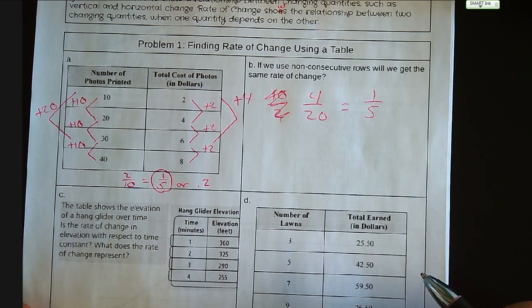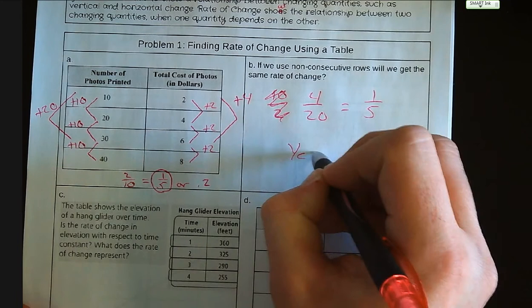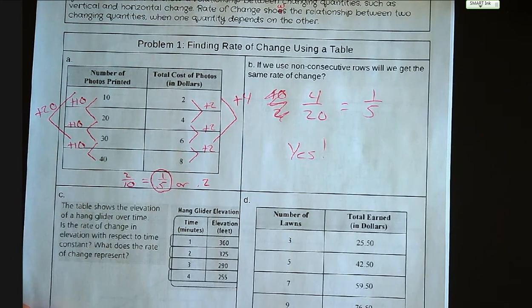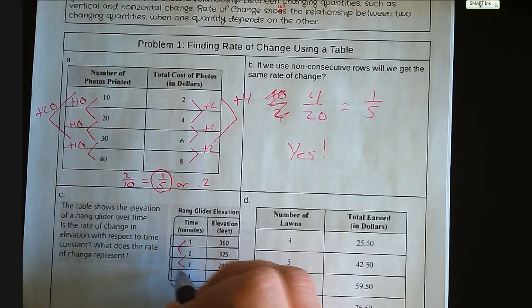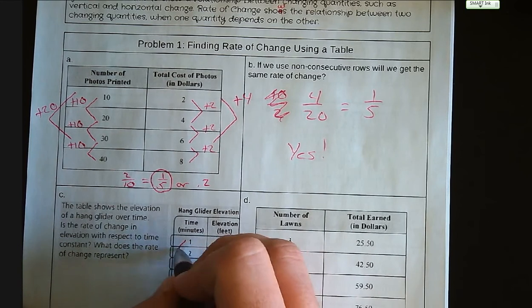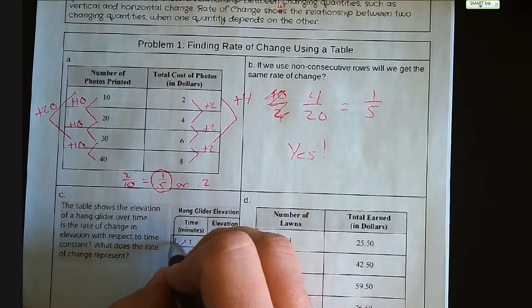same rate of change. All right, letter C, we've got the table showing the elevation of a hang glider over time. Is the rate of change constant, and what is that rate of change? So our time, it looks like we're increasing by 1 minute each time, or each line.